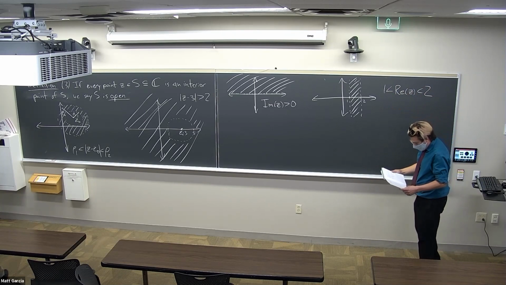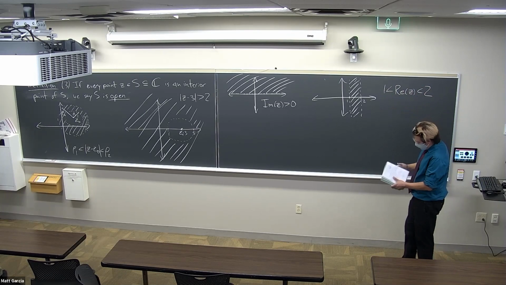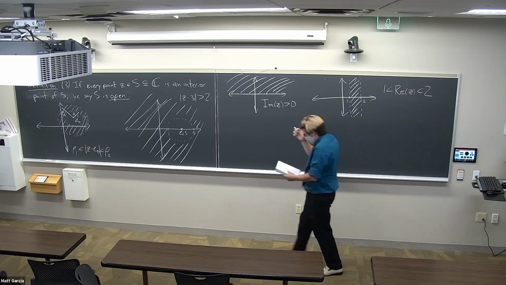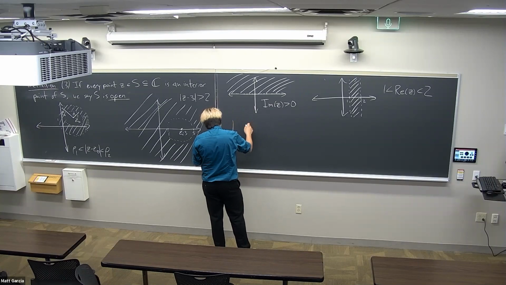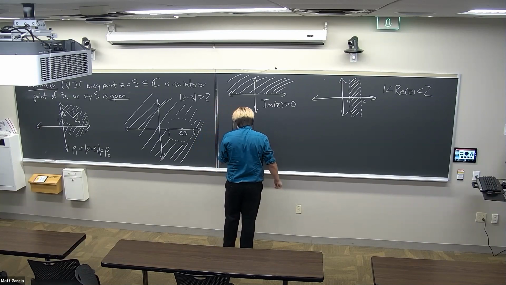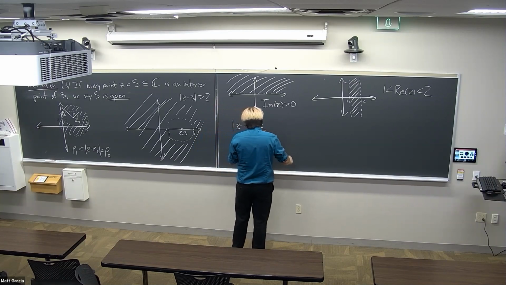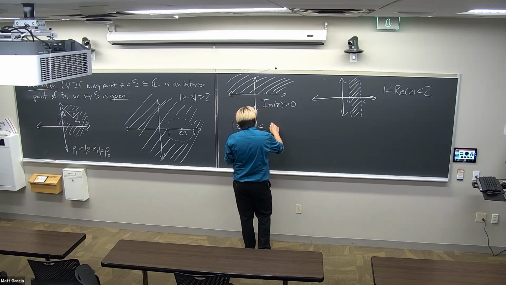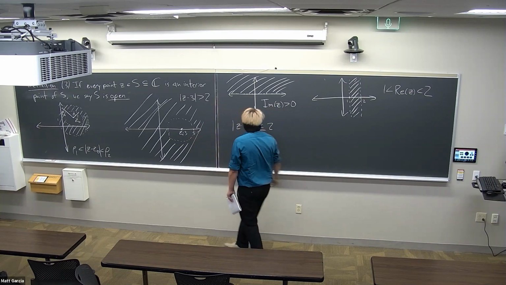So let me just say, I'll give you an inequality. Z minus 3, if we take the modulus of that and insist that it be less than or equal to 2, a very similar picture to this, right?